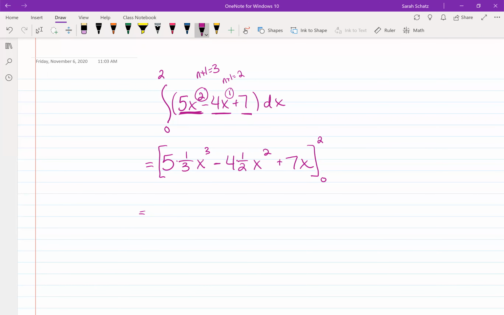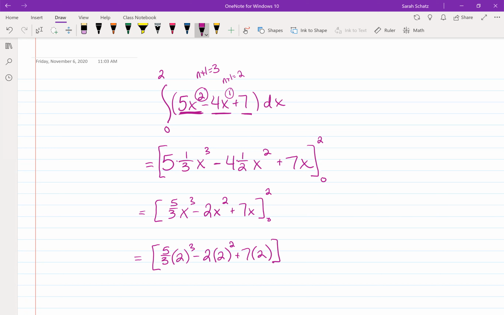So let me clean it up a little bit first. So we'll have 5/3 x cubed minus, let's see, 4 times 1/2, that's just 2x squared plus 7x. Taking that from 0 to 2. Remember to take it at 2 first. So we have 5/3 times 2 cubed minus 2 times 2 squared plus 7 times 2.